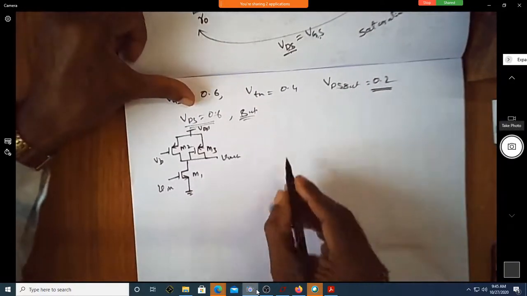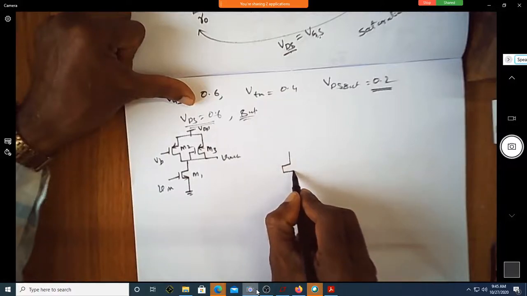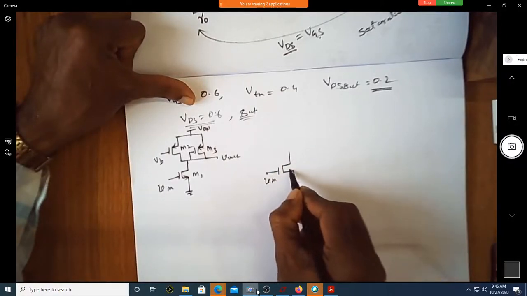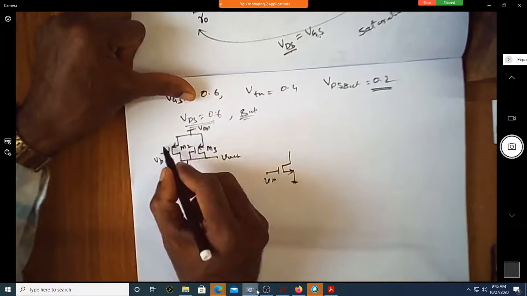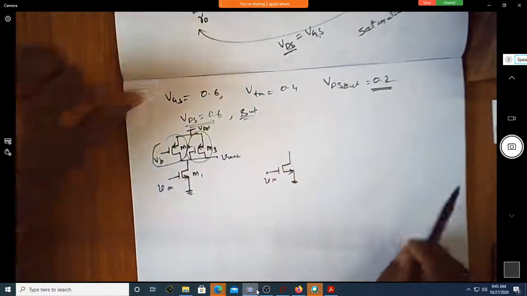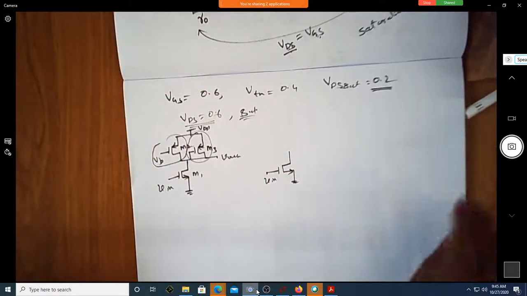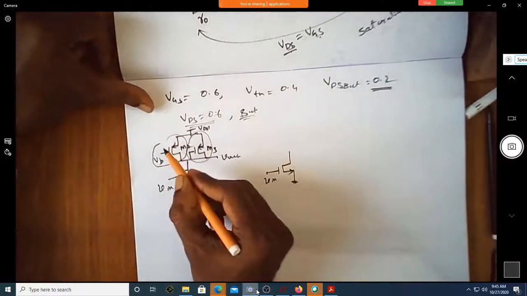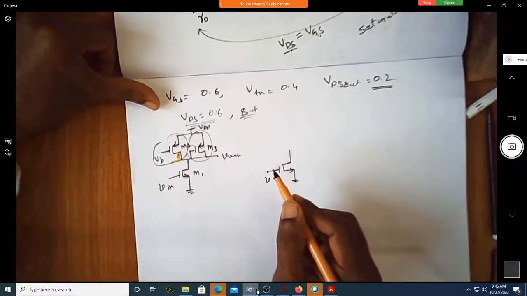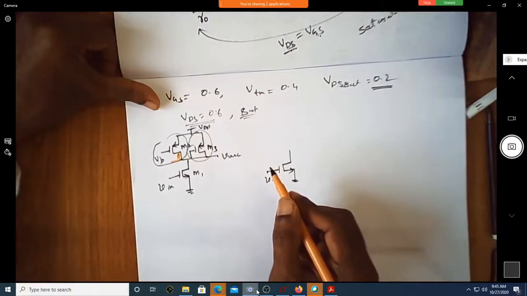Now shall I rewrite this circuit? This is V in. Now you have 2 transistors, one is this, other is this. If you consider the first one, are you not seeing what is with respect to drain here? VB.